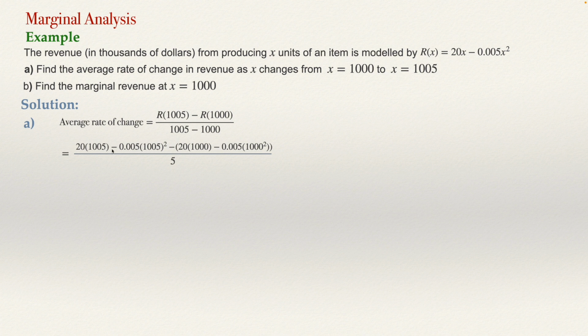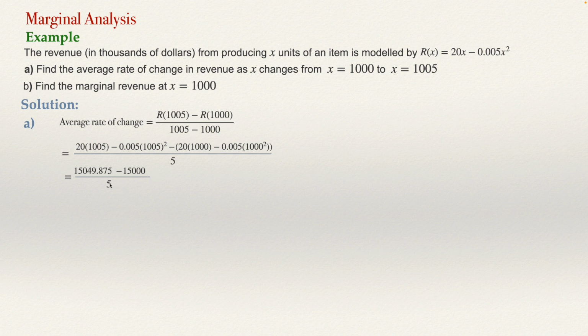Use a calculator. The revenue when x is 1005, I used a calculator and I found that the value is 15,049.875. And when I substitute the value of x by 1000, this second expression will be minus 15,000.